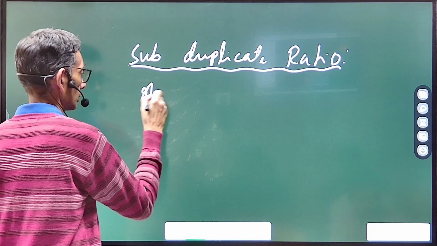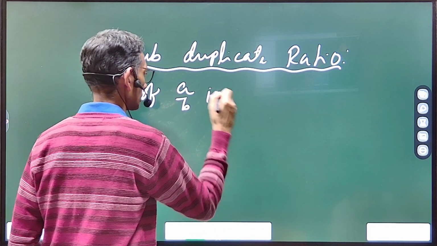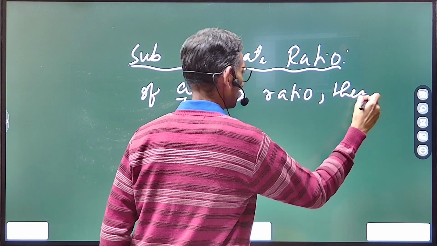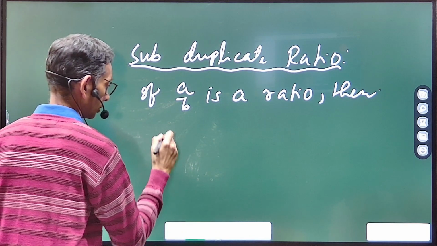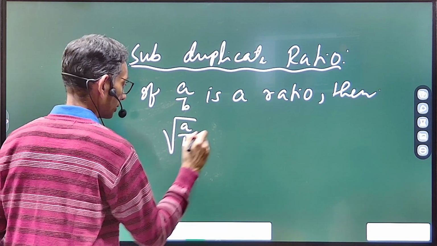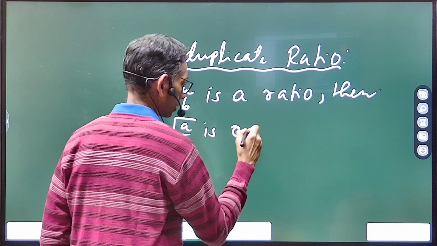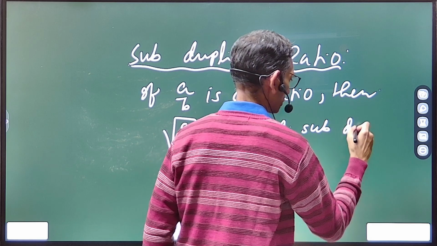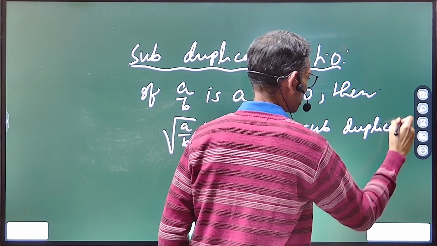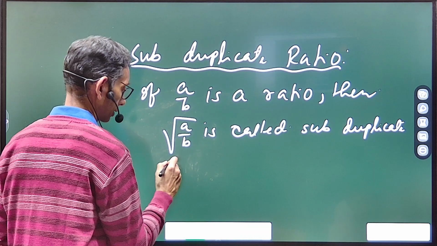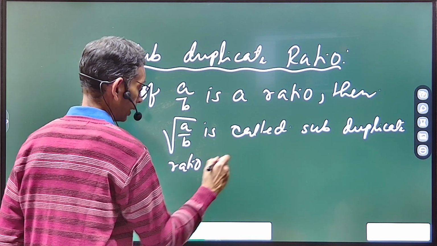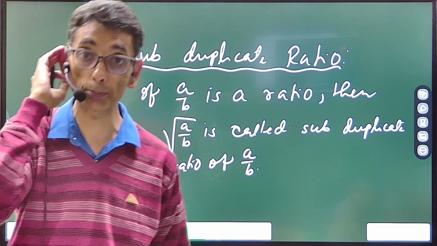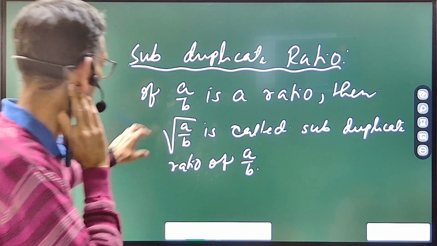If A by B is a ratio, then root A by B is called the subduplicate ratio of A by B. When you have the subduplicate ratio, you have to take the square root of both the numbers.